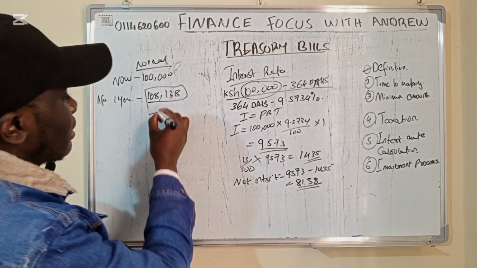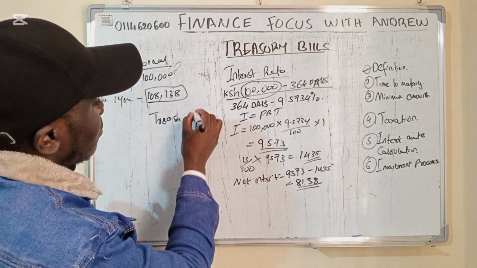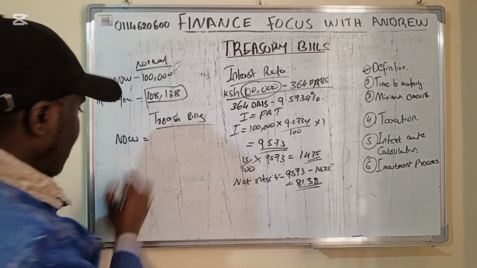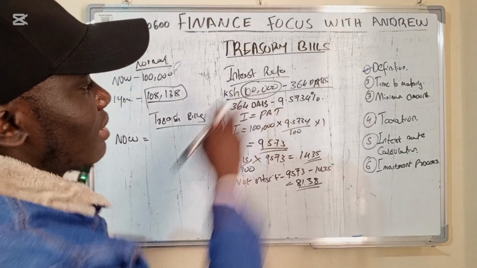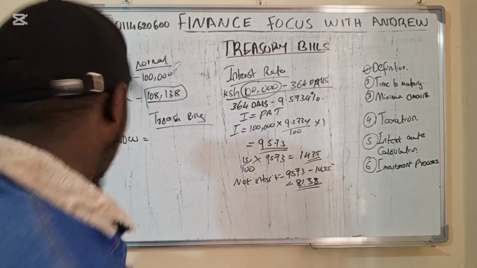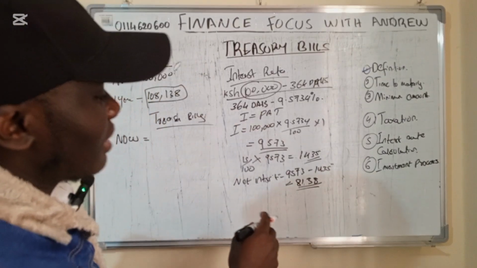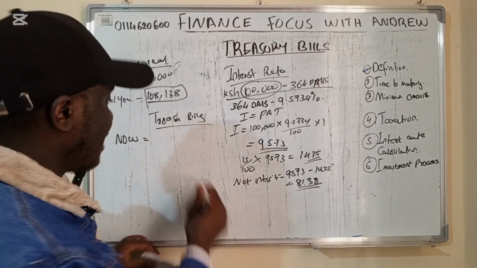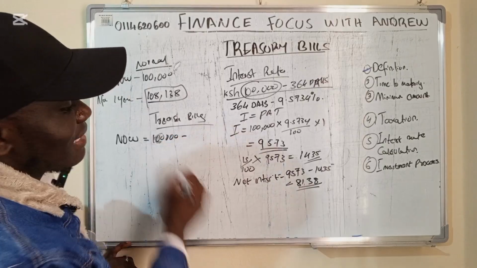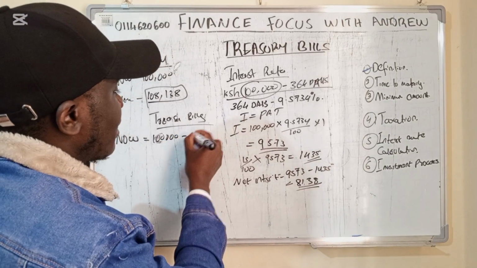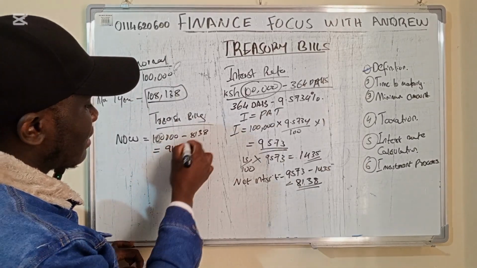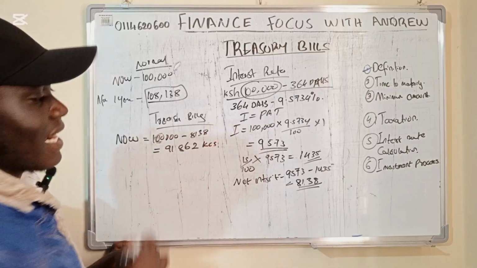For treasury bills, instead of sending 100,000 to the Central Bank of Kenya and getting an interest of 8,138, what we do is that we will send 100,000 less the interest that we are entitled to, 8,138. So we will send 91,862 to the Central Bank of Kenya now.